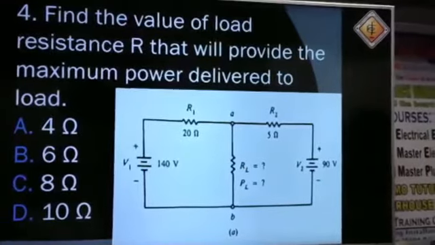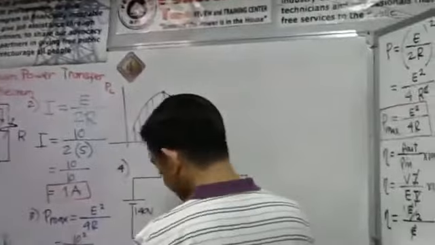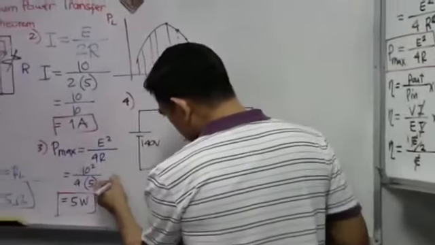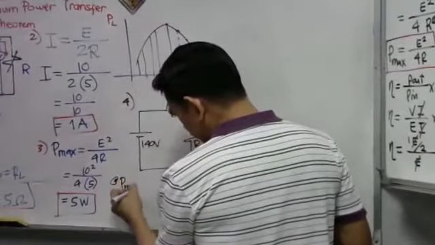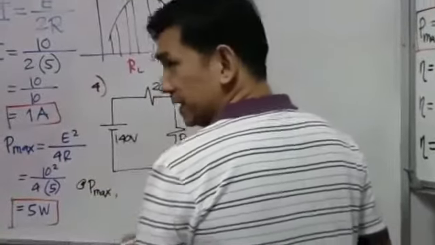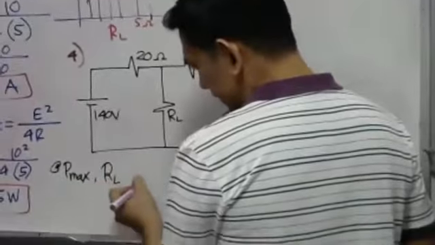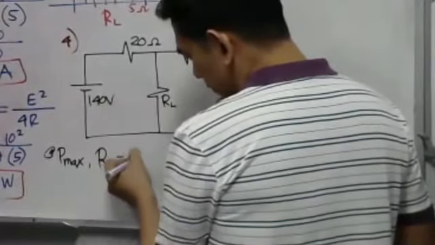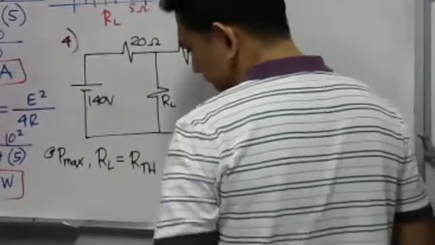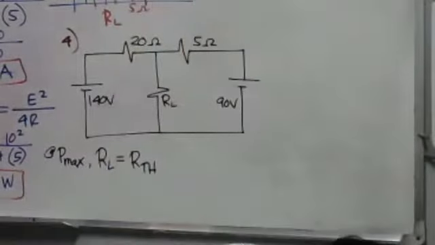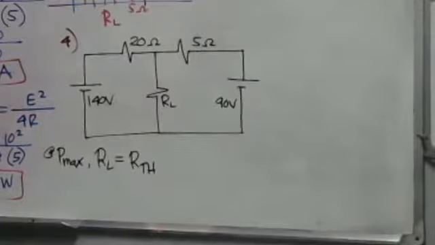At maximum power transfer, please take note of this, our RL, the load resistance, is equal to our RTH, that is our Thevenin's resistance.